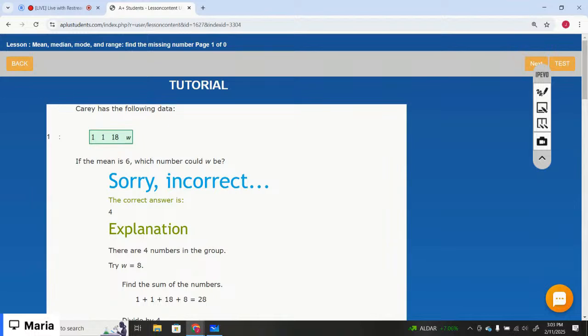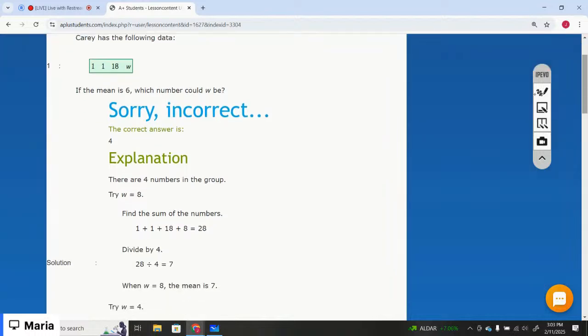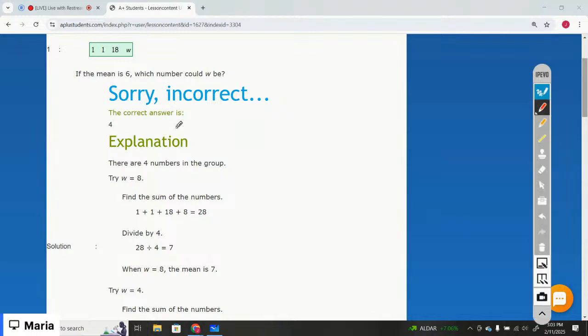Carey has the following data. If the mean is 6, which number could W be? So you are given the mean of the numbers is 6. You have two options given, W is 8 and W is 4.